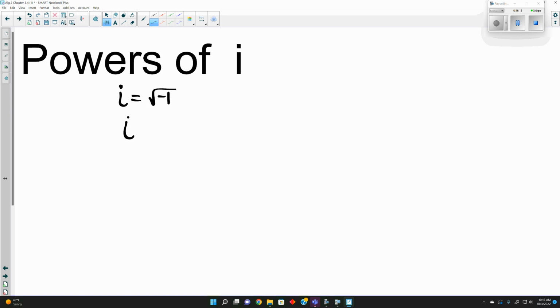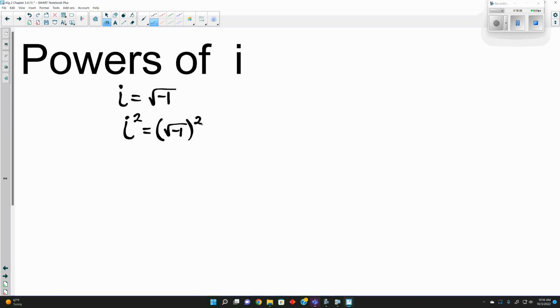Now if we multiply i by itself, i squared, what are we really saying? We're taking the square root of -1 and squaring it, yes? Because if I say i squared, i is just the square root of -1. So we're saying the square root of -1 squared.